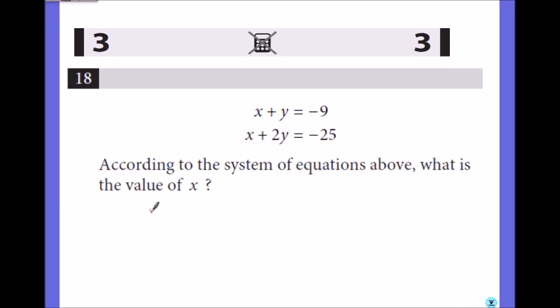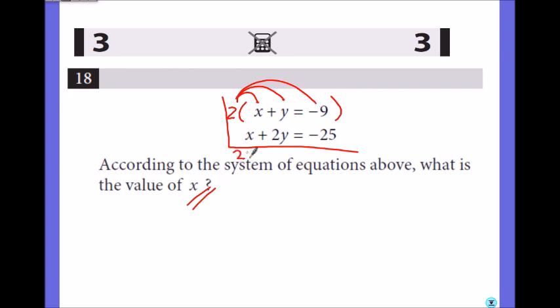Okay? 18, according to the system of equations above, what is the value of x? So this is an easy one. Why? Because you can easily eliminate x, or you can double these to eliminate the y's. Since you're solving for x, you can go ahead and solve for y first and plug back into one of the equations to solve for x. But since we're solving for x, it is better to eliminate the y. So I'm going to double the first expression by using linear elimination.